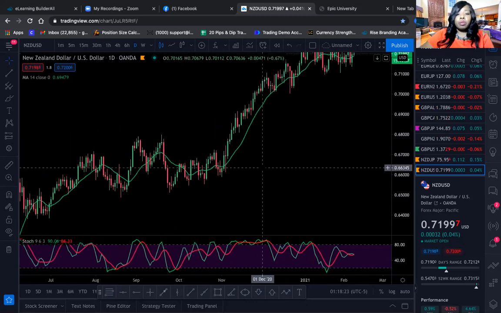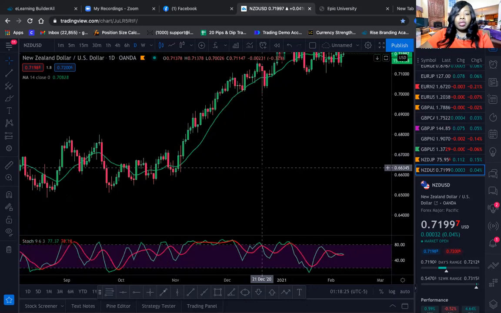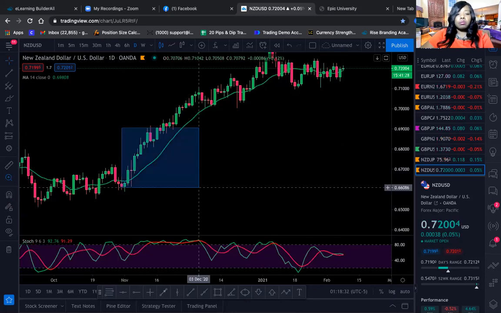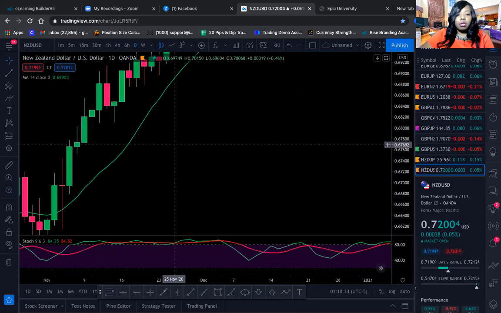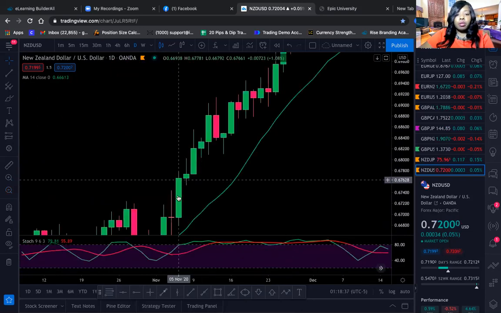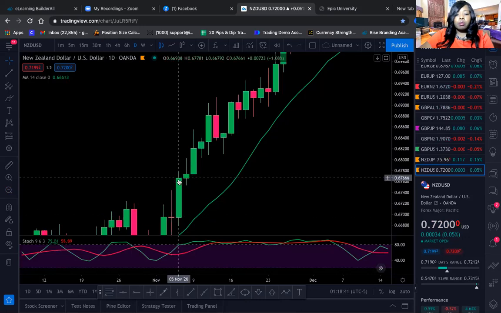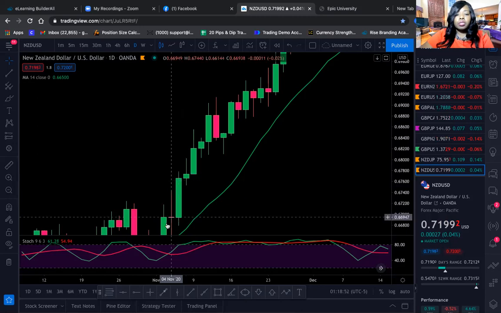But what's also important to know is that each one of these candlesticks, okay, so price, a candlestick, it's going to open. If the price is increasing, buy candles open at the bottom here, and they close at the top. So this doji here, it couldn't decide. It opened and closed at the same spot.